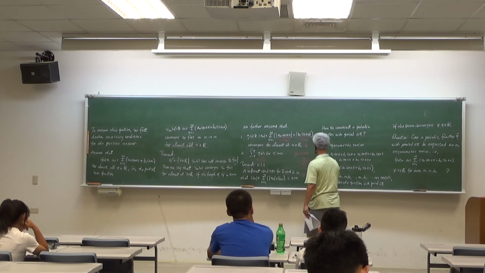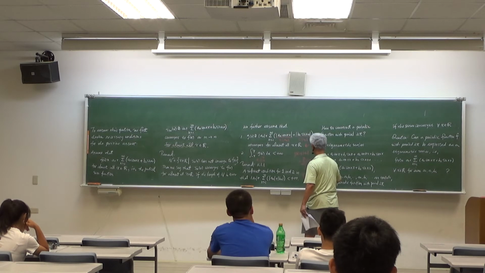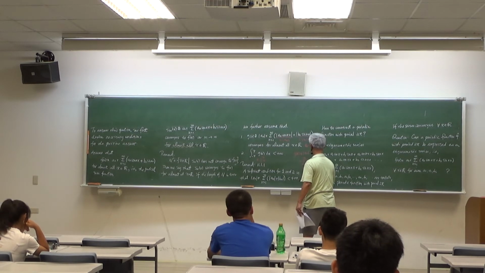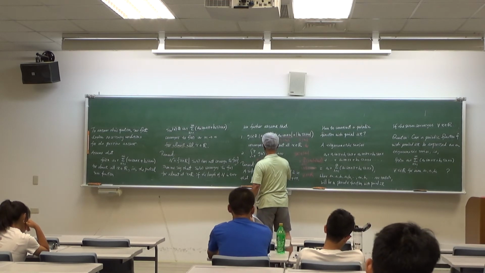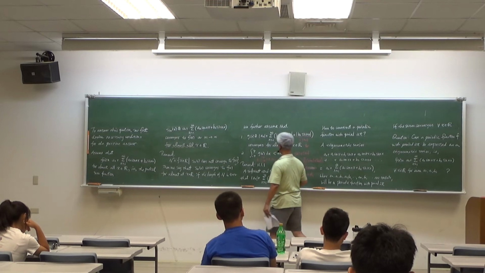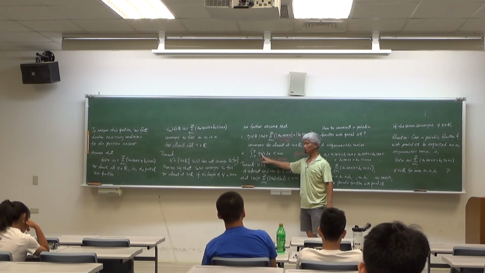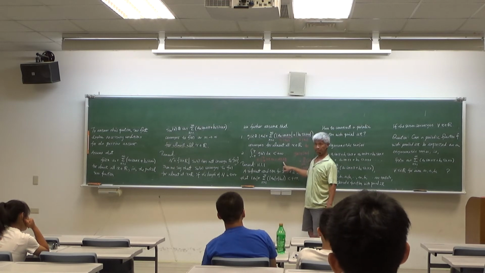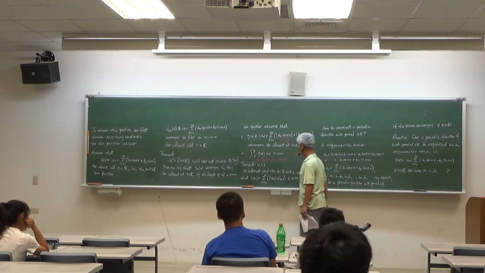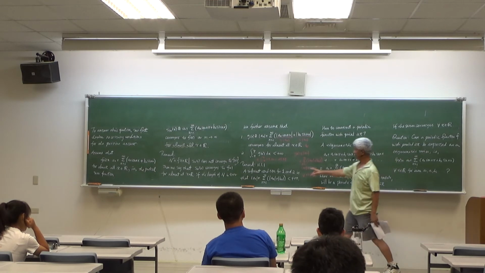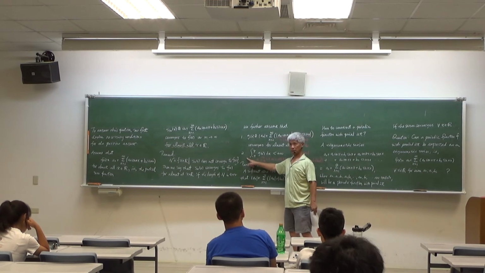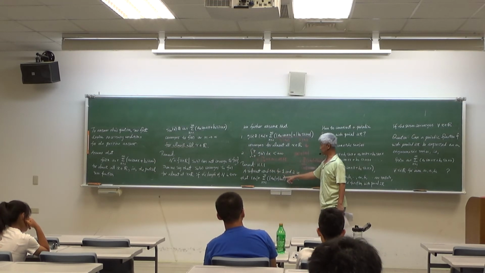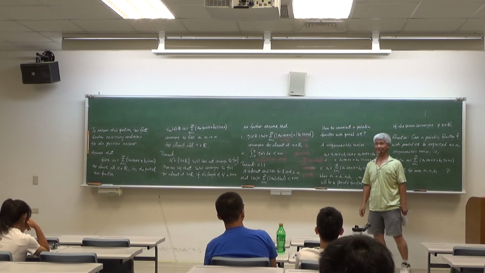Suppose the upper bound is equal to M. Then the integral has an upper bound which is 2 pi M, so of course this integral is finite. So this is a simple sufficient condition to guarantee 1 and 2. Any questions?